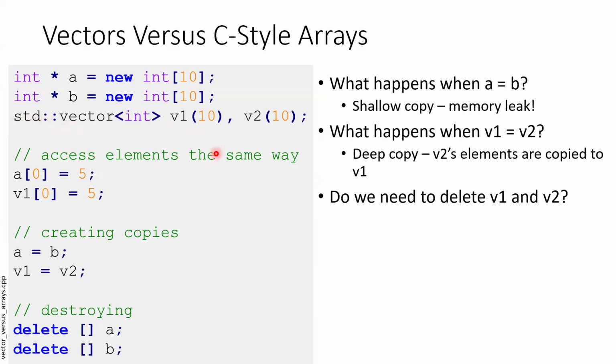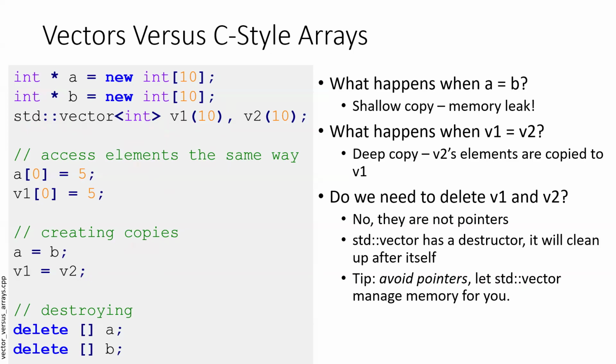And if you are creating the vectors like this, the definition is stored on the stack. So when this function ends, it will call the destructor and clean up after itself. So the idea is to avoid pointers and let the STL do the cleanup for you as much as possible.